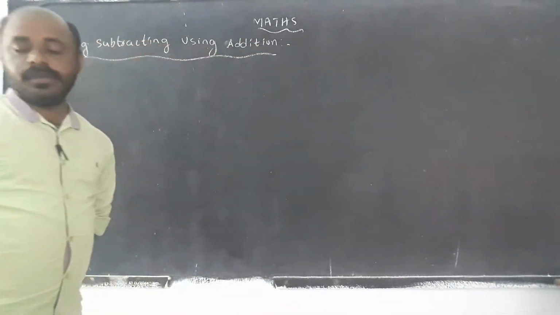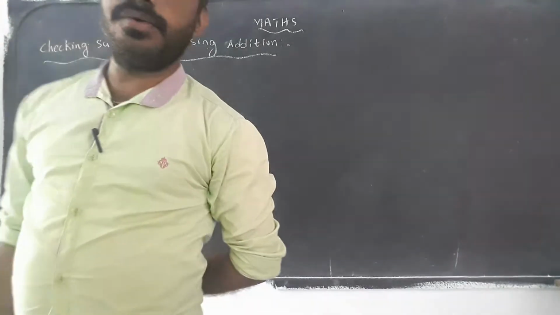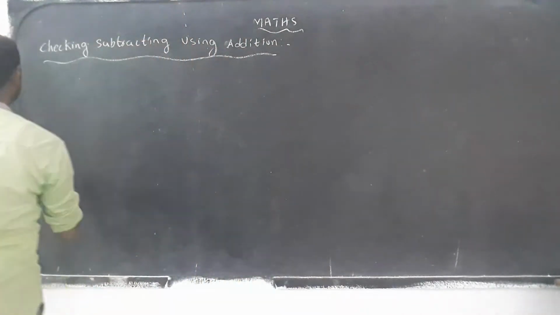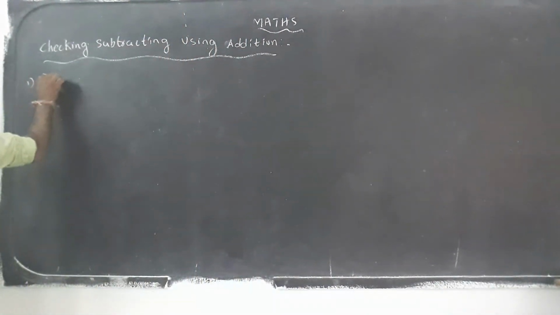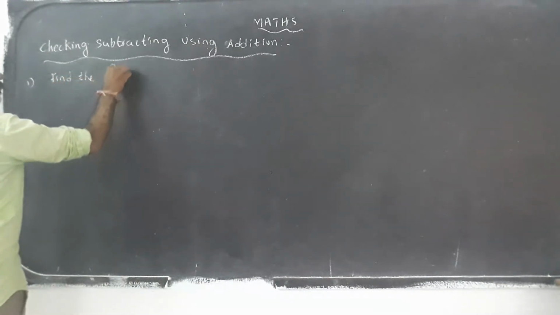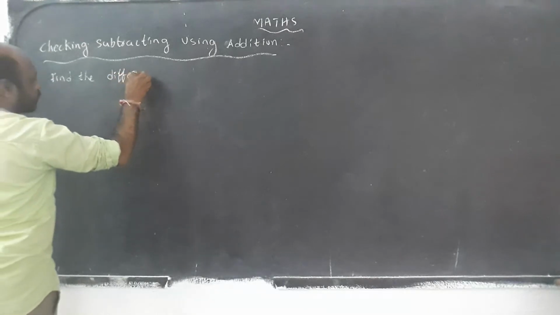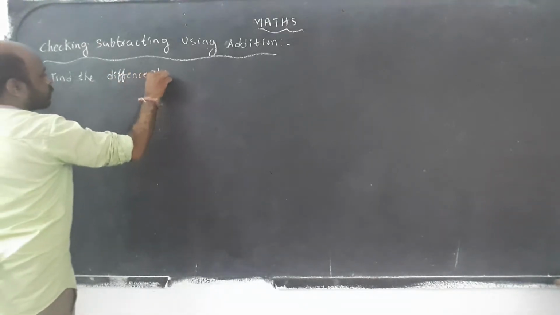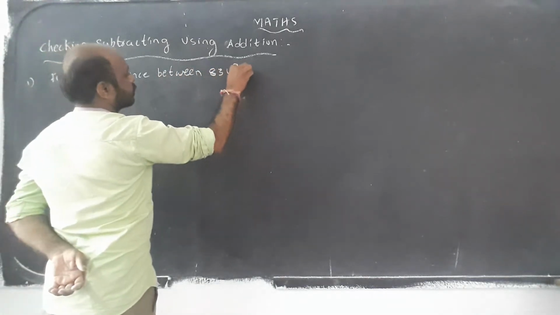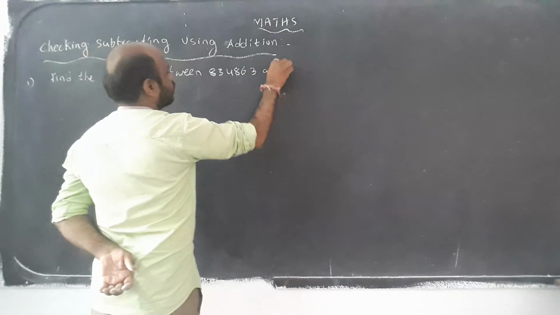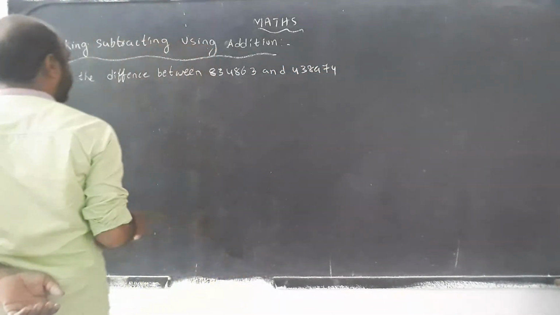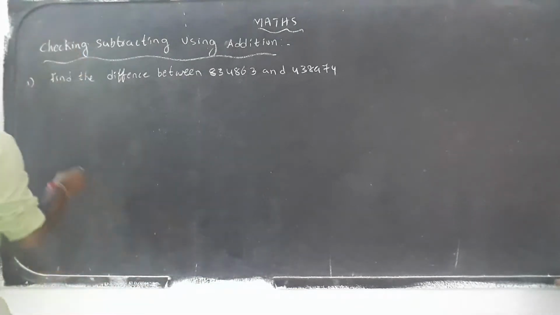See how to find the difference and how to do the checking by addition. For example, find the difference between 8,34,863 and 4,79,834 and check with addition.